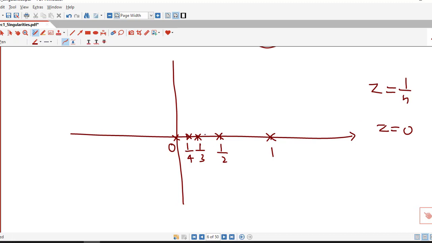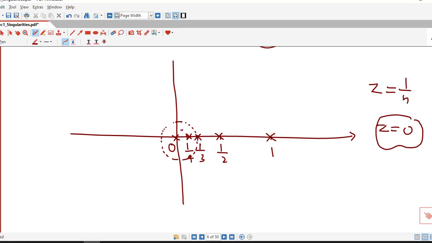Now first we check for z equal to 0. If z equal to 0 is a singularity of f of z, then we have to check that we can find at least one point in a neighborhood of 0 at which the function is analytic. If we consider any neighborhood of z equal to 0, then we know that the function is not analytic at the points z equal to 0 and z equal to 1 by n.